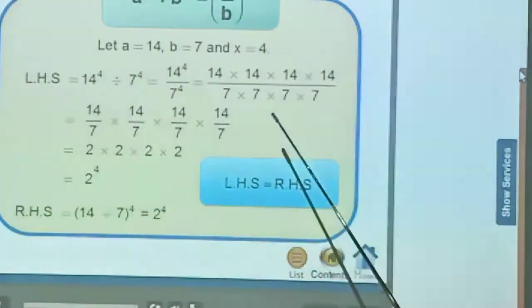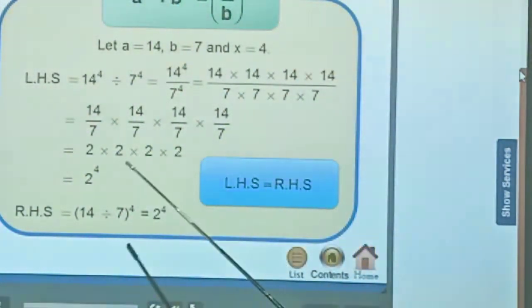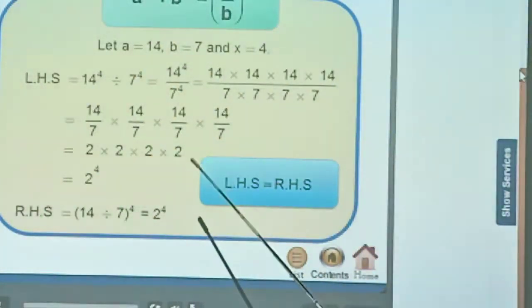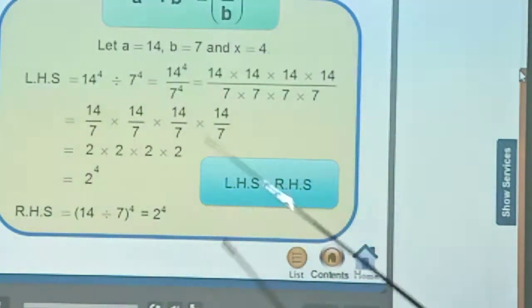But we can cancel 14 upon 7, which gives 2, so we will have 2 into 2 into 2 into 2, meaning 2 raised to the power 4. So 14 divided by 7 raised to the power 4 means 2 raised to the power 4, because within the bracket the value of 14 divided by 7 is 2. Here again the RHS part is the application of the law and the left hand side part is the explanation of this law.